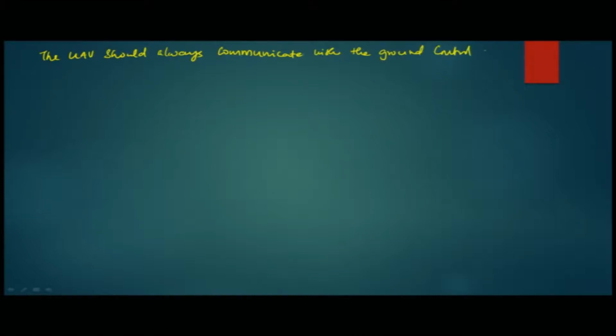Okay, so in the UAV, one of the missions, let's talk about it, is the UAV should always communicate with the ground control station providing live video feeds and telemetry. Okay, this was one. And while maintaining mobility.